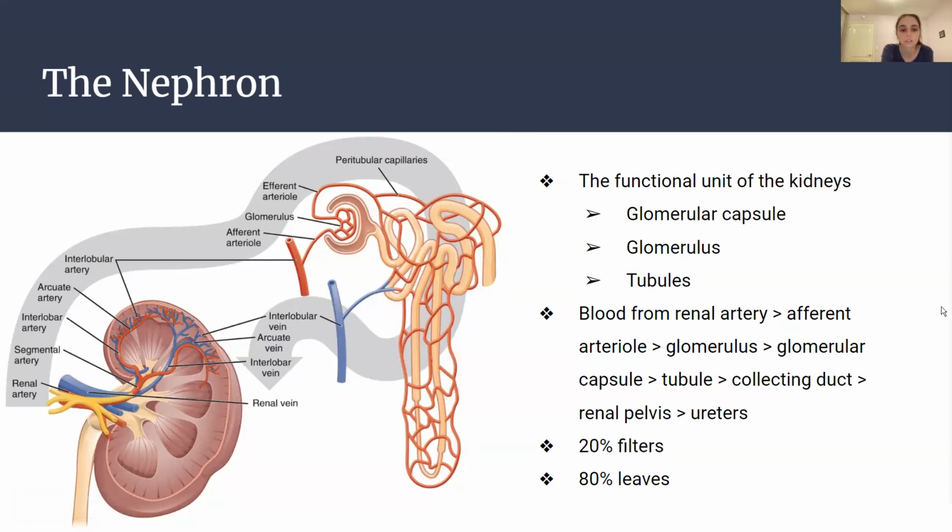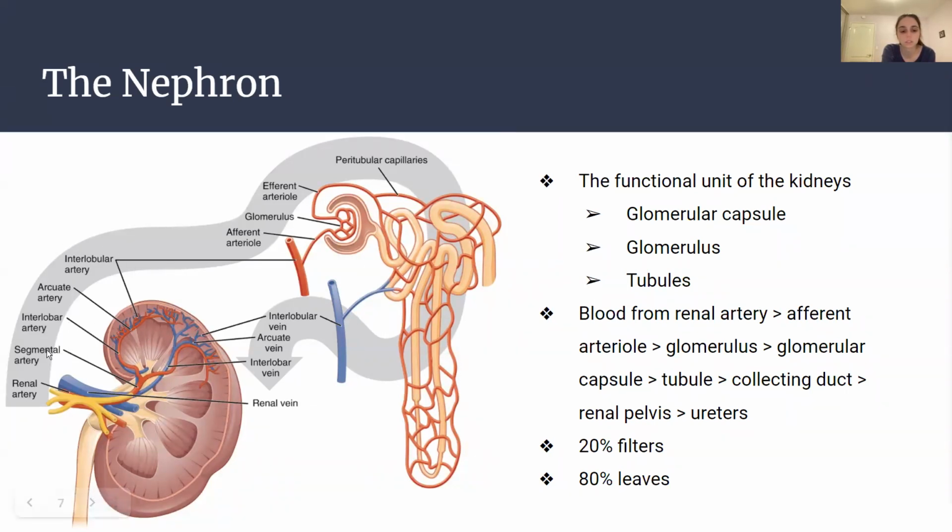Now, here's the route of urine. Here's how urine is filtered and how it goes in the kidney. So blood first enters our kidney through the renal artery. Then it goes through more arteries, the segmental, the interlobar.